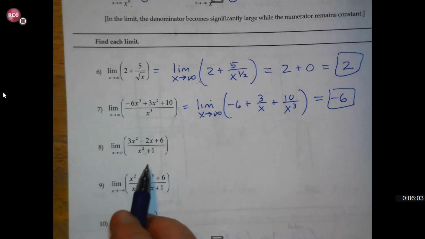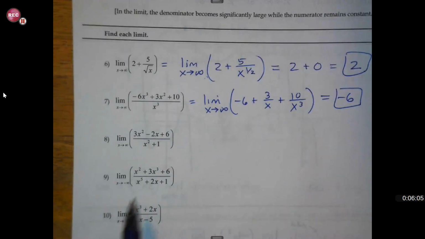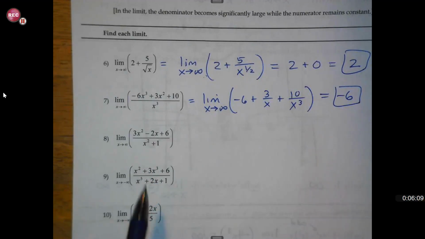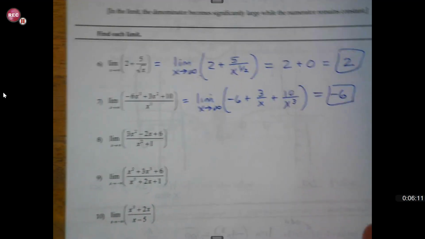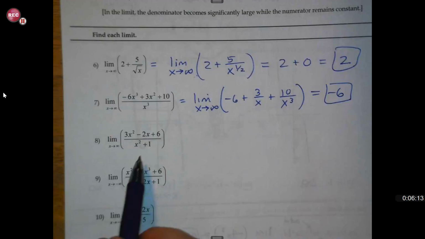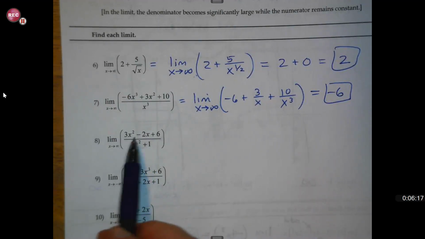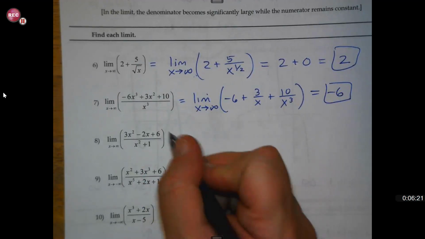Okay, now here, because there's 2 terms in the denominator, if I wanted to divide it, I'd have to do a long division. But if you think about our limit laws, we have the limit of a quotient here, and that's equal to the quotient of the limits. So we could think of the limit of the numerator over the limit of the denominator.